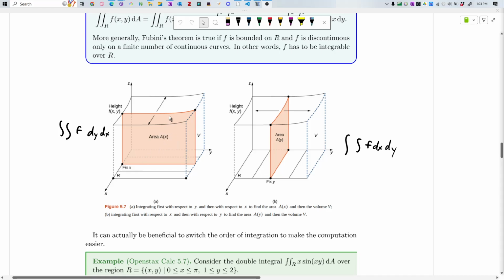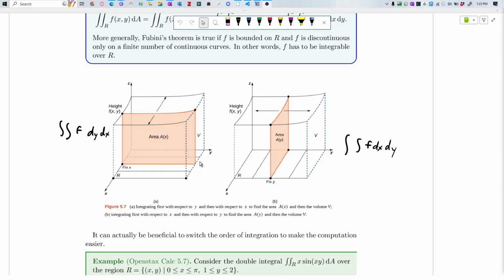This picture helps to illustrate certain things. This picture illustrates this integration order. When you fix an x and you're calculating the area inside here, this is basically the innermost integral that you're considering.